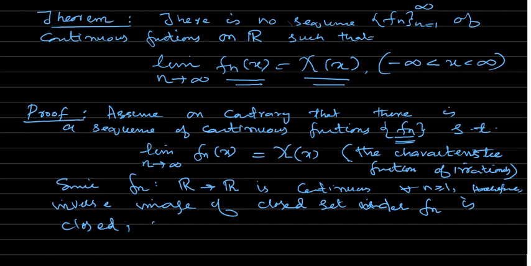That is, fn inverse of F is closed whenever F is closed, for all n greater or equal to 1. Did you understand this? This line I wrote here: fn inverse of capital F is closed whenever F is closed.